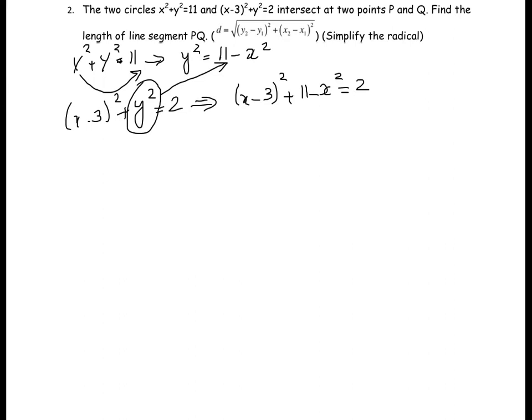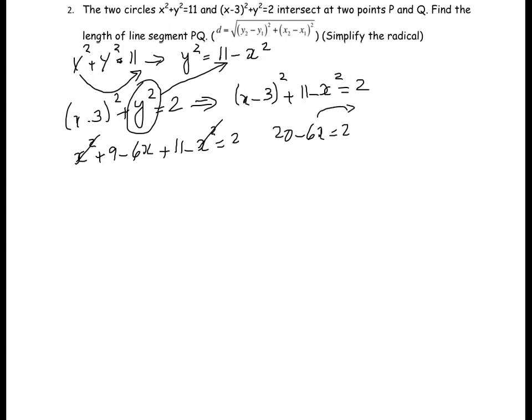Now we are going to expand (x minus 3) squared, which is going to give me x squared plus 9 minus 6x. You can use product of two brackets, you get the same answer. Plus 11 minus x squared is equal to 2. Now x squared and x squared cancel out. 9 plus 11 gives me 20, so I get 20 minus 6x is equal to 2.